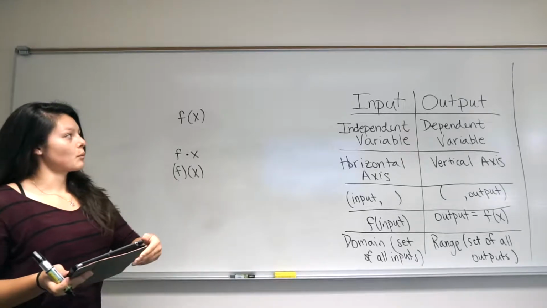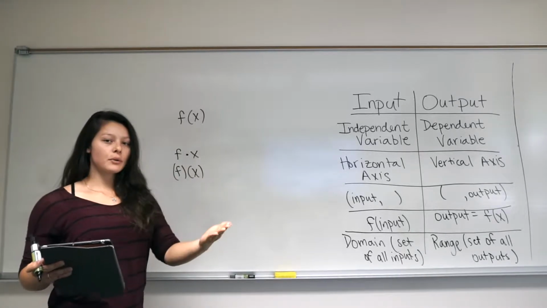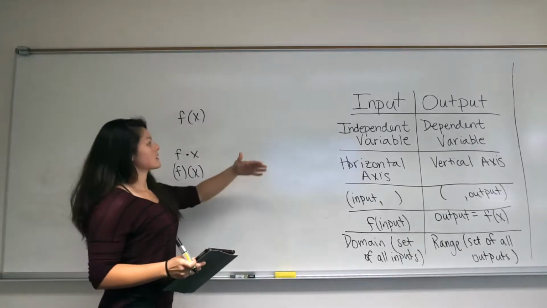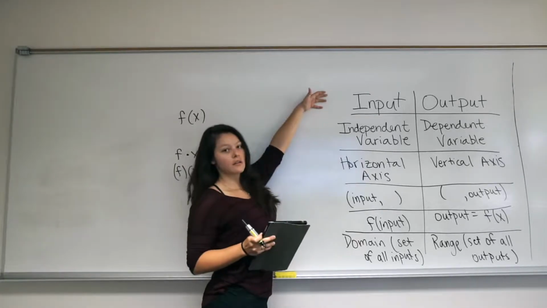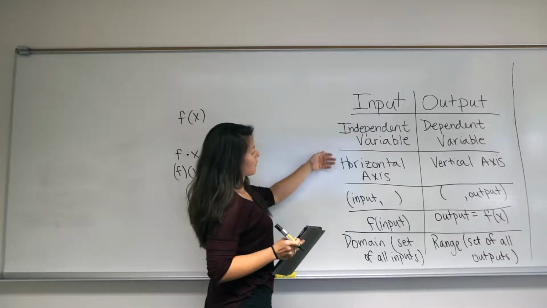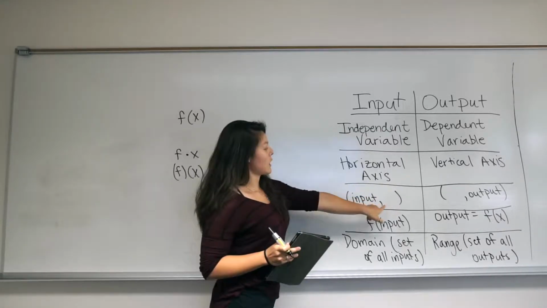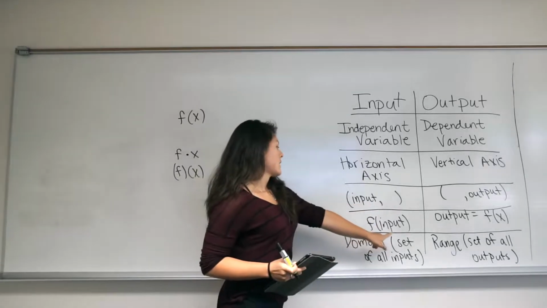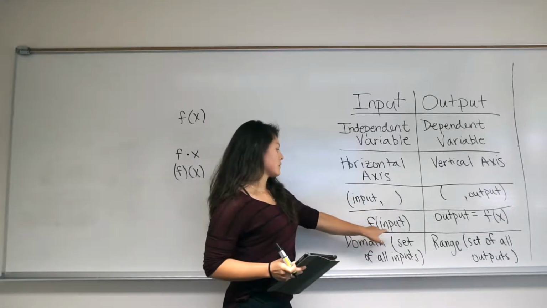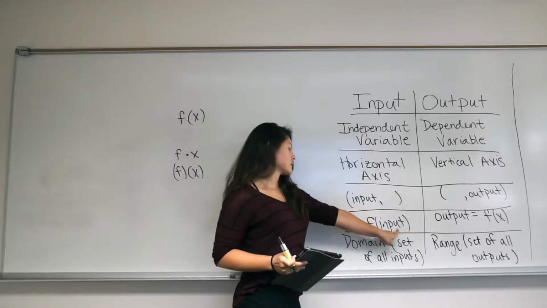Okay, now remember, when we're talking about functions, we talk about inputs and outputs. So here's a list of different ways to talk about the input and output, different words. Okay? Independent variable, horizontal axis. If you have a coordinate pair here, your input is always the first coordinate. If you have function notation, your input is what is inside of the parentheses.